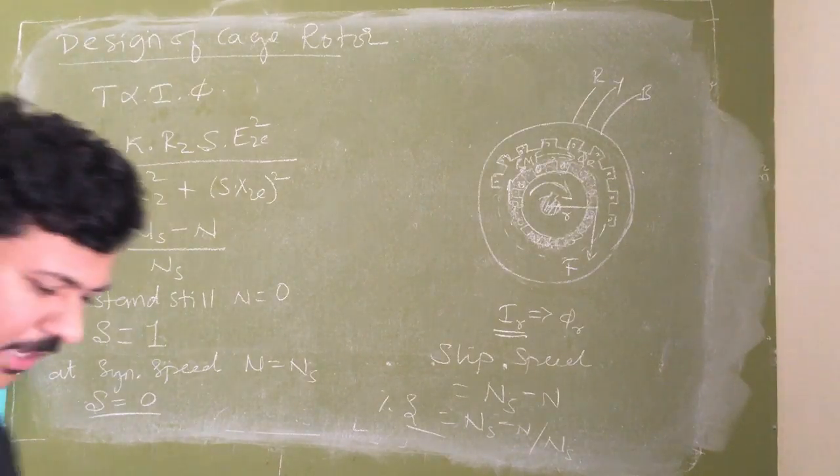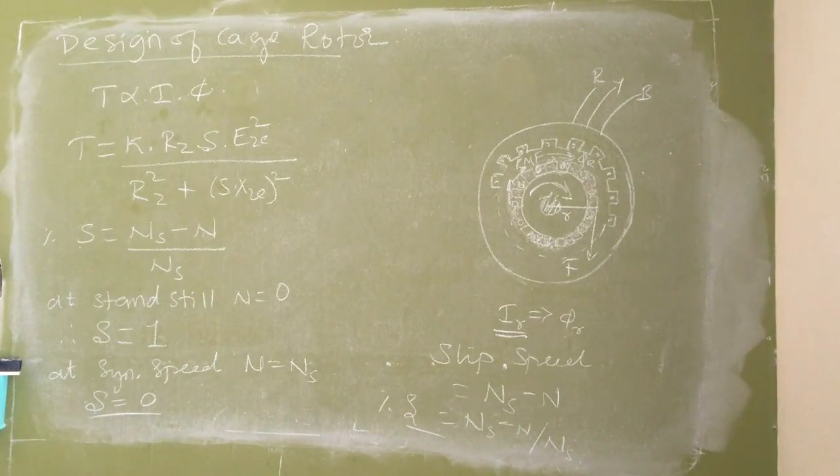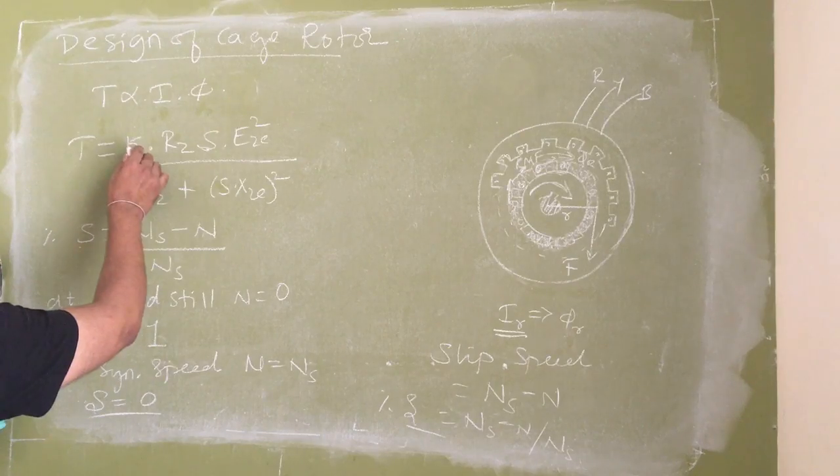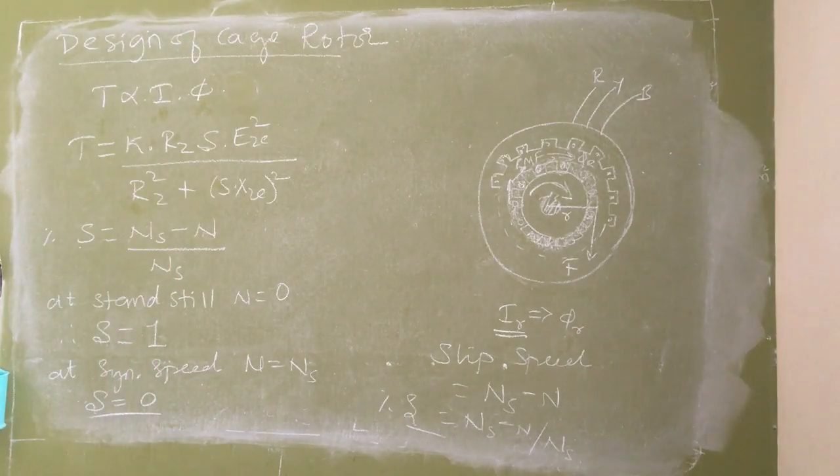Now, to draw the characteristics, I should vary the slip, because all other things are constant. So I simply vary the slip because I want torque with respect to slip and see what is the nature of the curve.